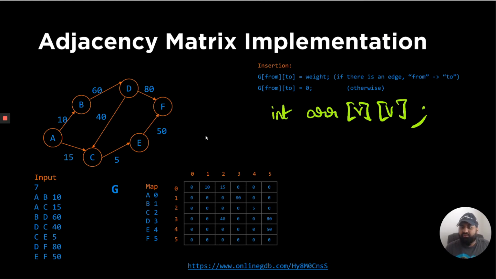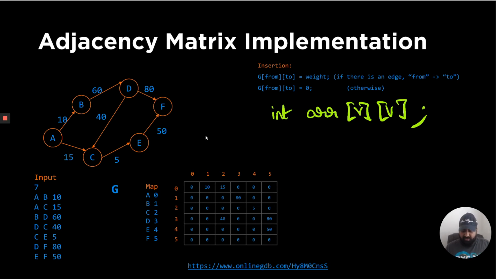And we already know the number of vertices is given to us in the question, because most of the time when we are solving problems related to graphs, we are typically given the constraint on the number of vertices. If there's not a constraint, we are going to see the next implementation, which doesn't require the number of vertices, which means we can add vertices on the go.